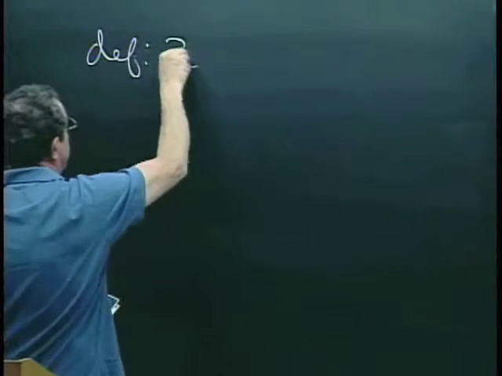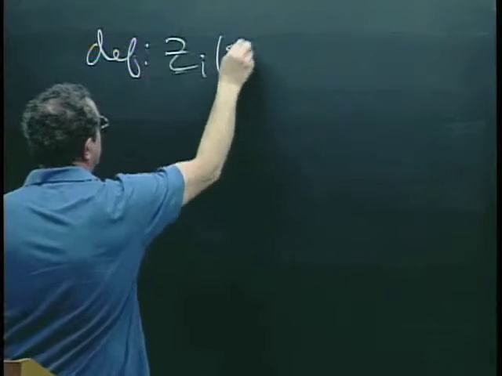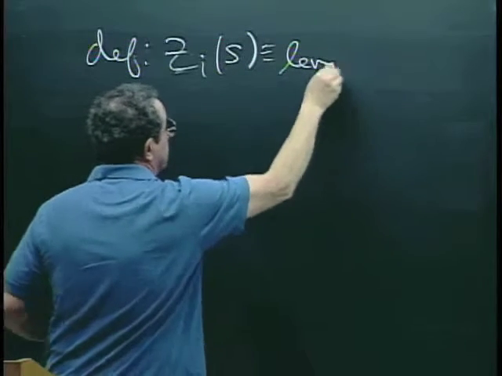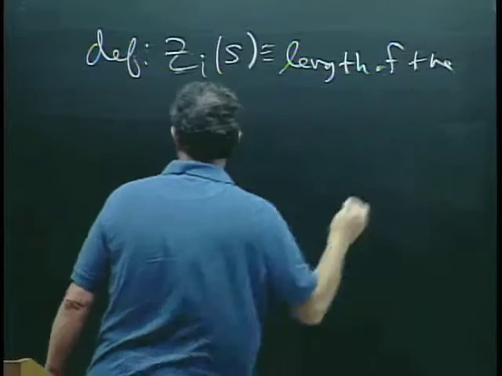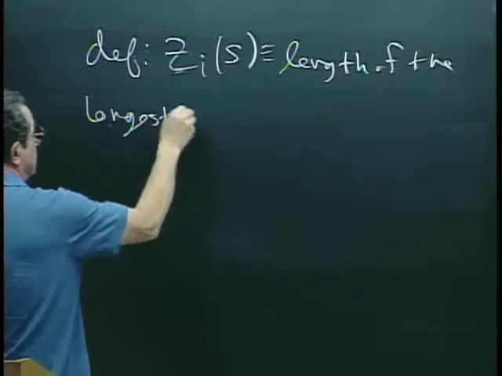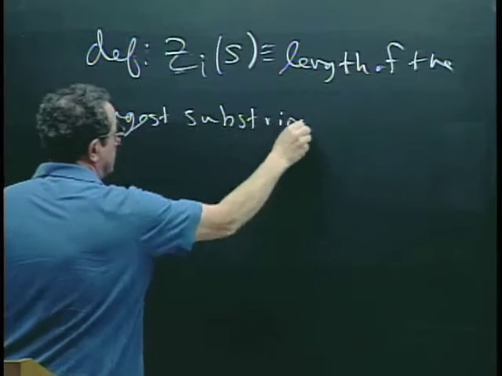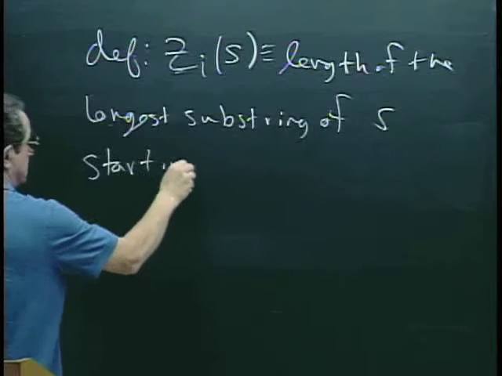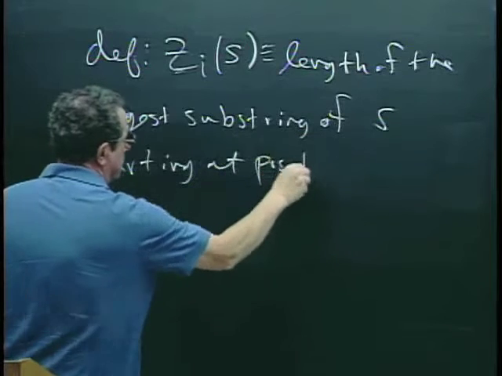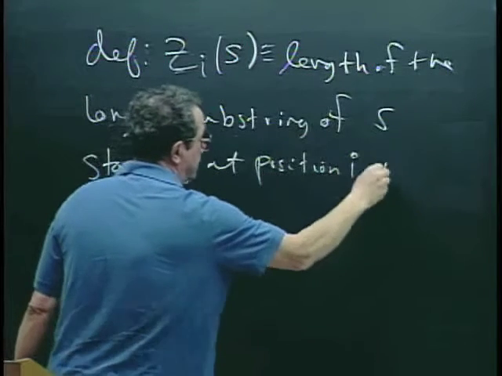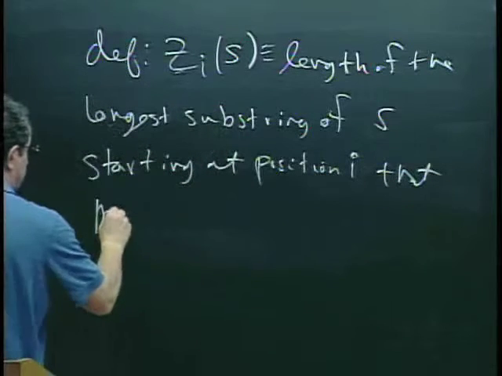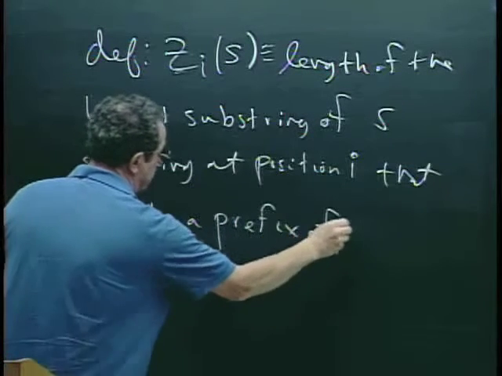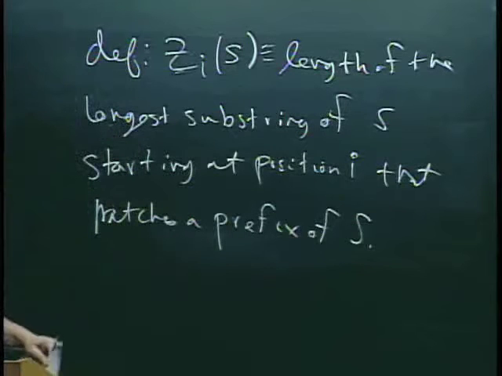So we had a definition: if S is a string, Zi of S is defined as the length, so it's a number, of the longest substring of S starting at position i that matches a prefix of S. So that was the major definition that we were using last time.